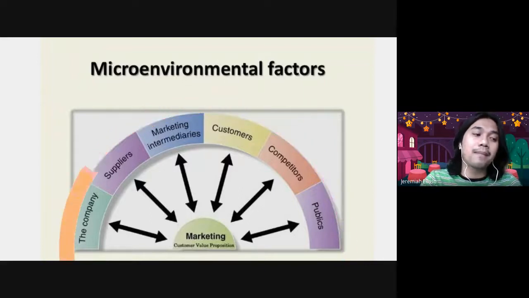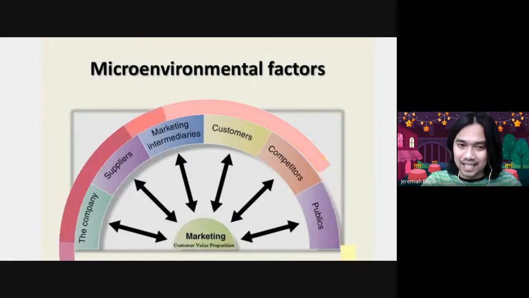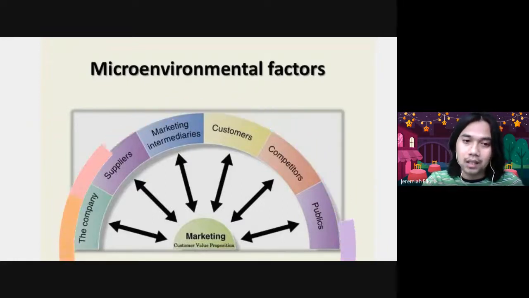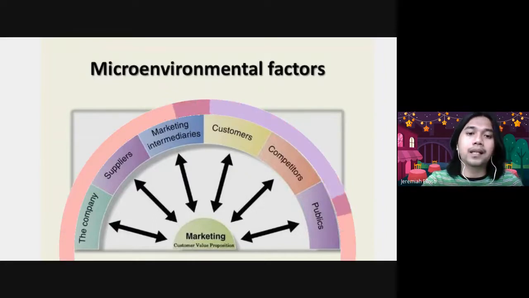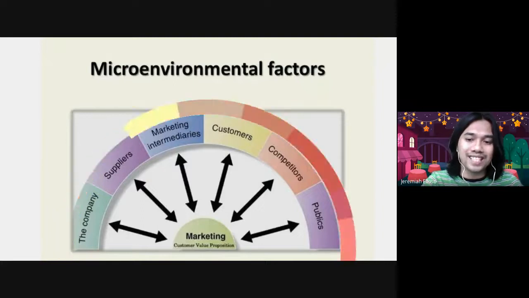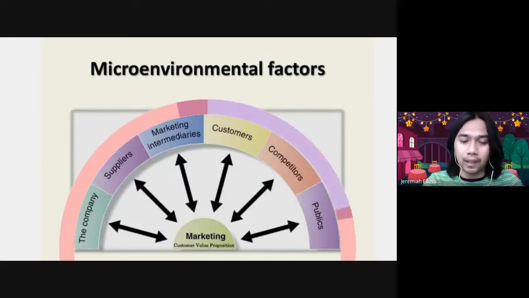These are the micro environmental factors, and there are 6. Okay, please take note: the company, suppliers, marketing intermediaries, customers, competitors, and the publics. And we will take each of these factors one by one.